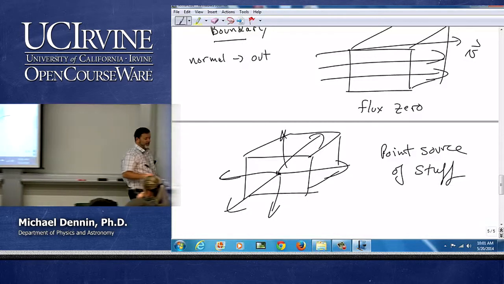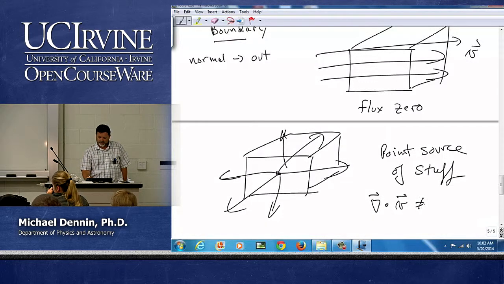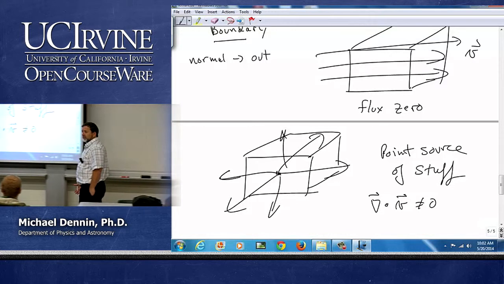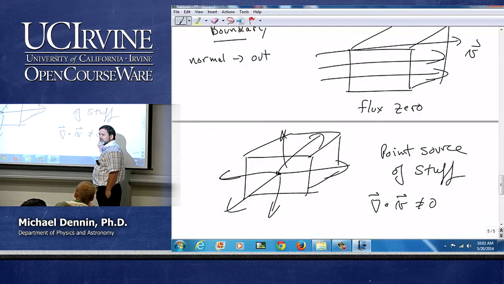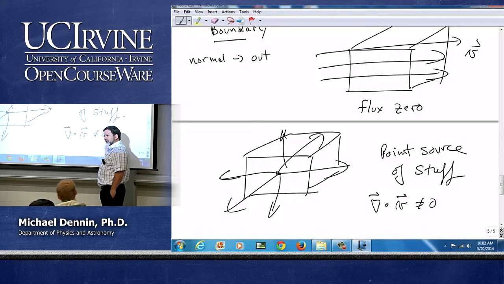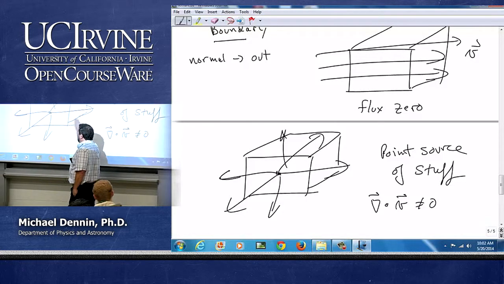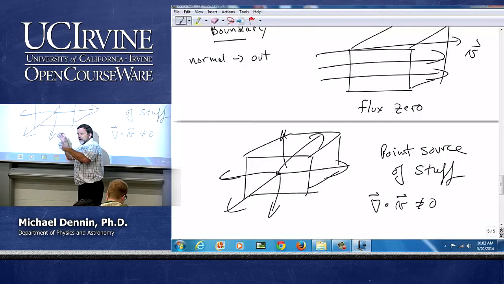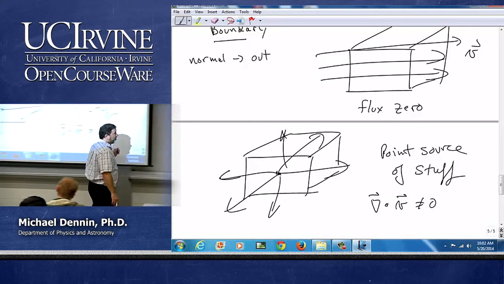And what field does this fundamentally look like? A point charge. And the divergence of a point charge is not zero. That's del dot V equals 4 pi rho. So we just derived one of Maxwell's equations by just thinking. Okay? So this is key. And likewise, if it's a sink, if everything's flowing into it, again, you would get a net flux. So those are two good pictures to keep in mind.